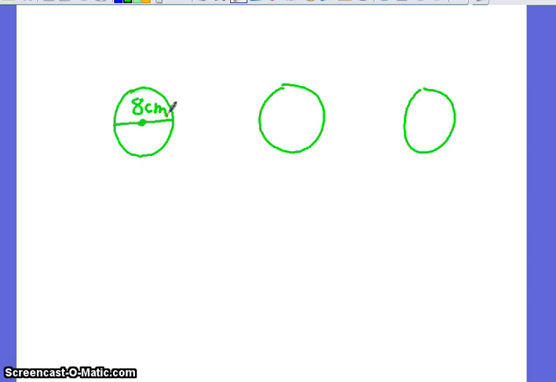Now let's find the area of that circle that I just did. So remember the formula is A equals pi r squared. So what is the radius of my first circle? It's 4, right? Because it's half. So what is 4 squared? 4 squared is 16.